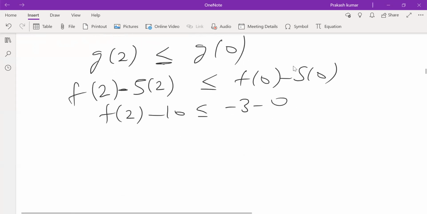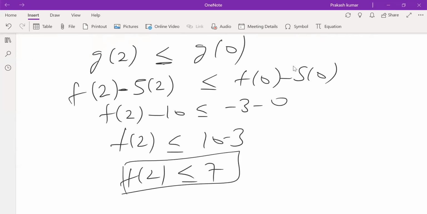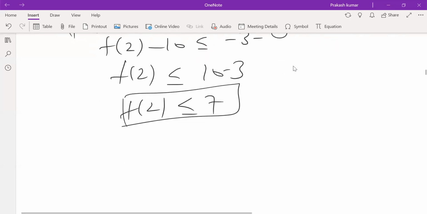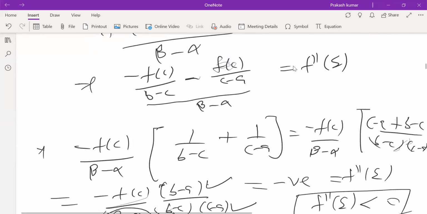And from here you get f2 is less than or equal to 10 minus 3, that is f2 is less than or equal to 7, which we proved using Lagrange's mean value theorem also. Therefore the max value of f2 is equal to 7. So that was the question. Very easy question. You can do it in multiple ways.